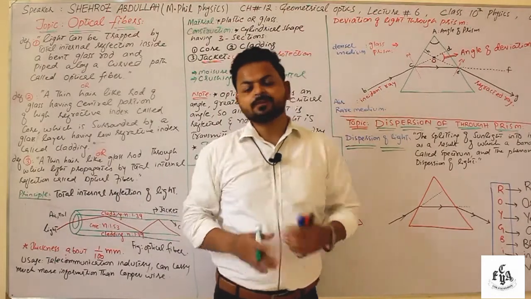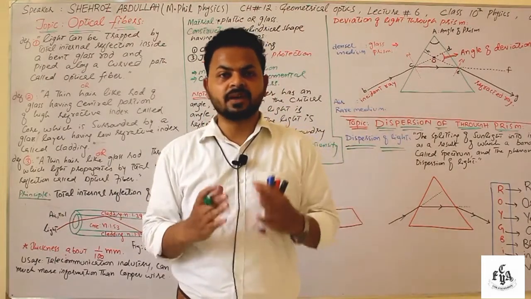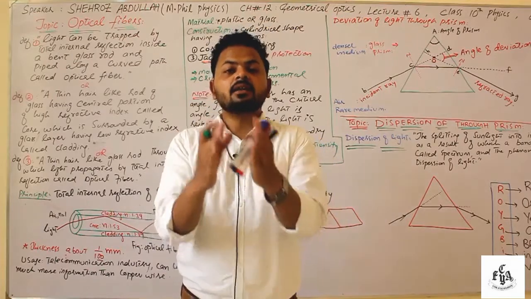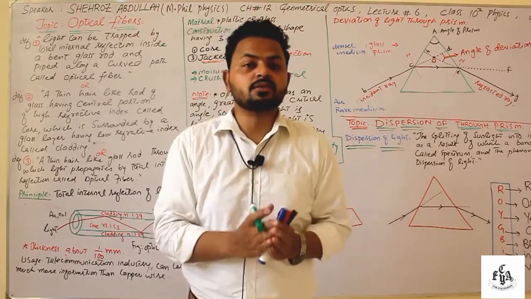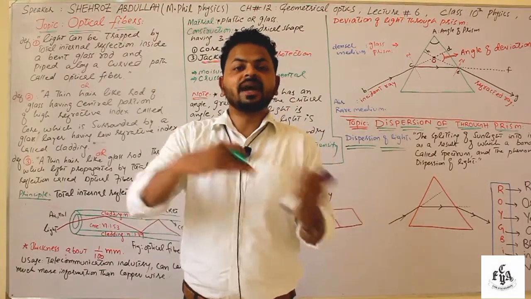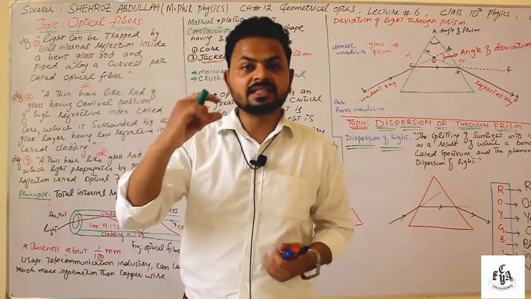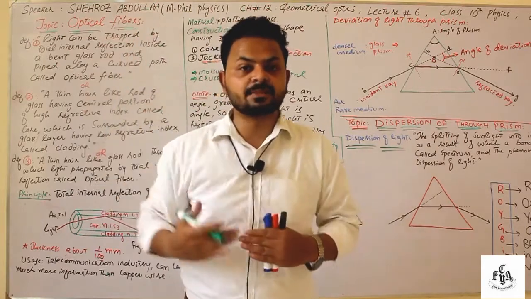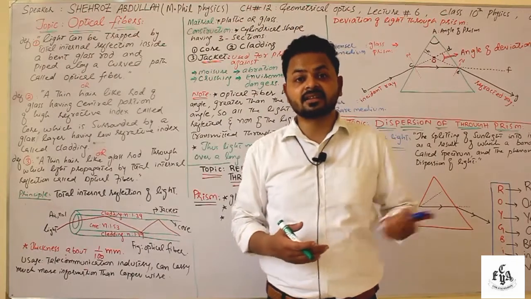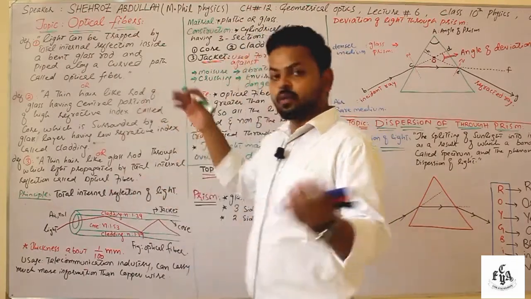Do remember one thing: the basic principle of optical fiber is total internal reflection. All the light is reflected inside the optical fiber. No light is transmitted through the boundary, because the incidence angle is greater than the critical angle in that case.